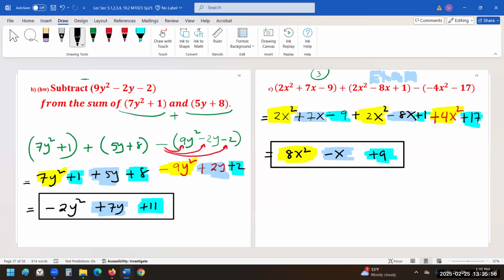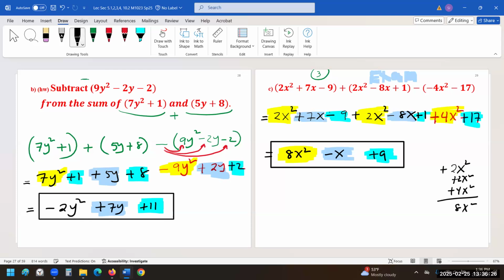Yeah, but the box method is easier when you do multiplication. Here it is simply combining like terms. You don't have to do box. You can simply write them below one another. 2x squared plus 2x squared plus 4x squared.